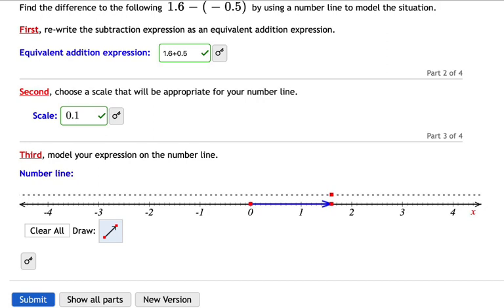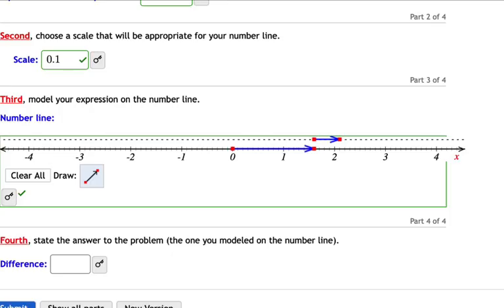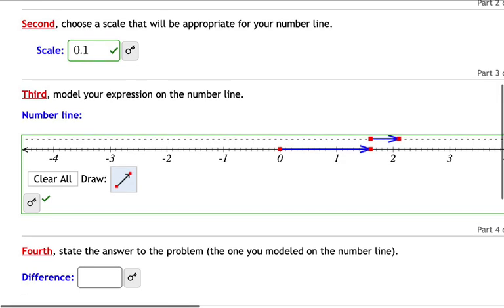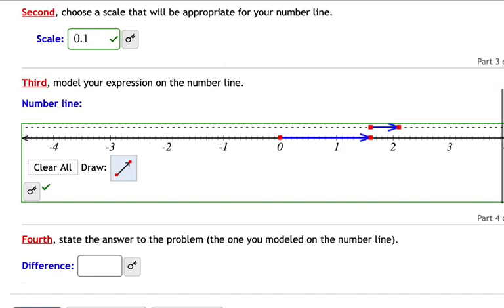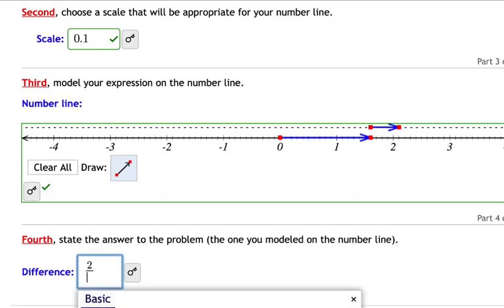And since it is plus 0.5, we keep going in the positive direction, 0.5 more units, and we could count it, 0.1, 0.2, 0.3, 0.4, 0.5. And that is where we end. We press submit, and then we can input our answer wherever the last number line ended. That would be the answer to this problem, which is positive 2.1.